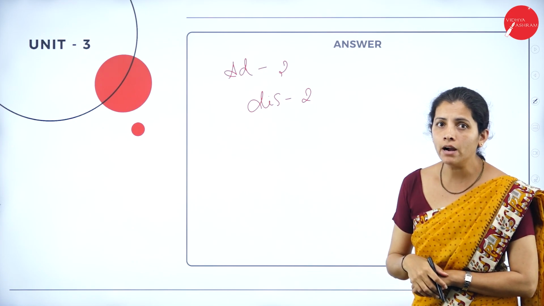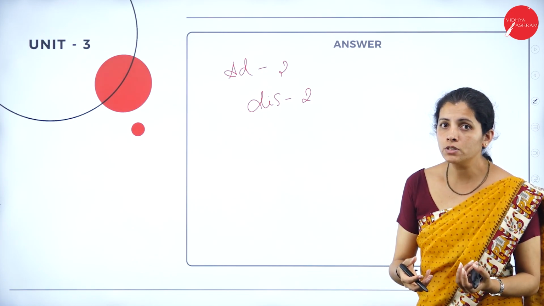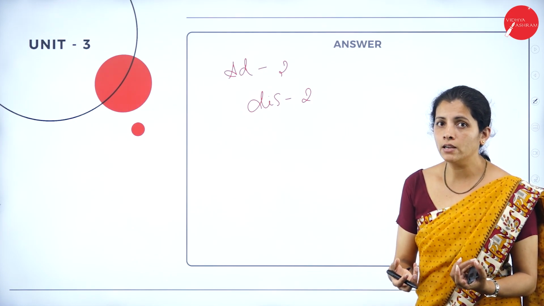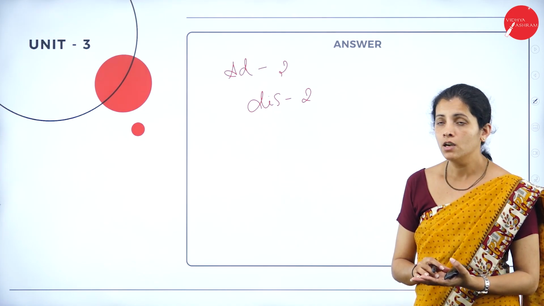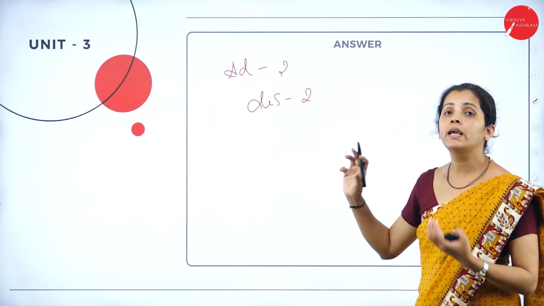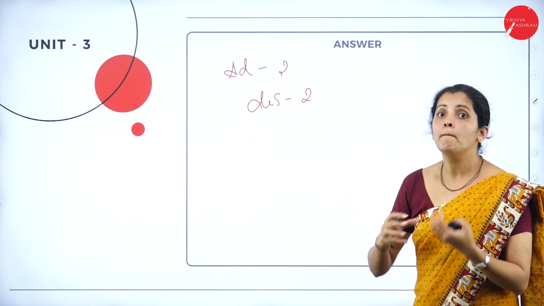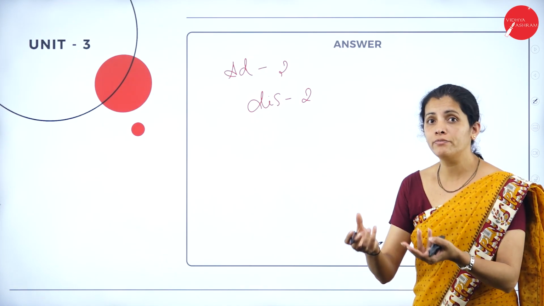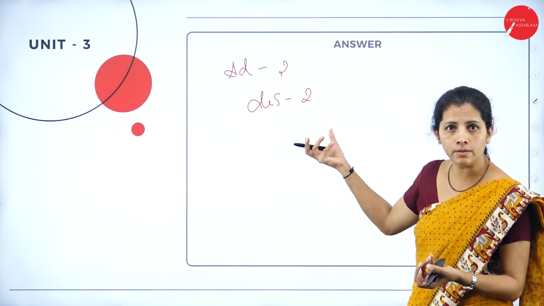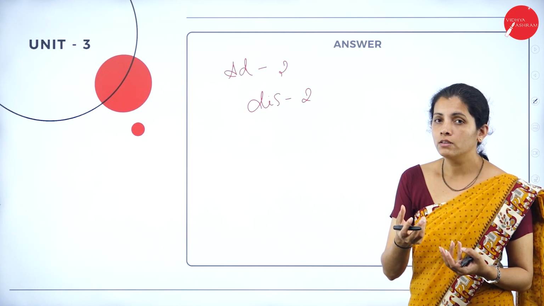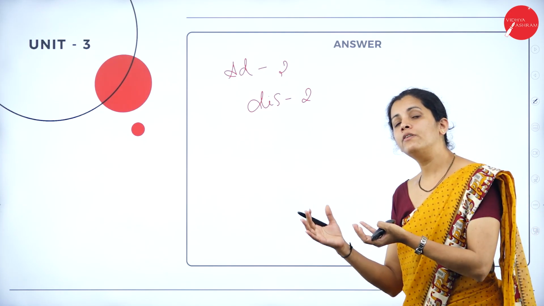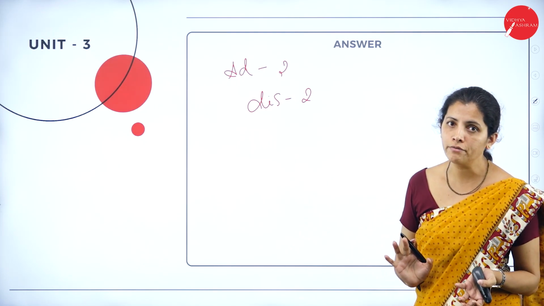So, what are the advantages? It improves the execution speed. We can directly access the address. Okay, fine. Then we are able to pass multiple arguments to the function by using pointers. Using pointers, I can pass values from the calling function to the called function or from the called function to the calling function.